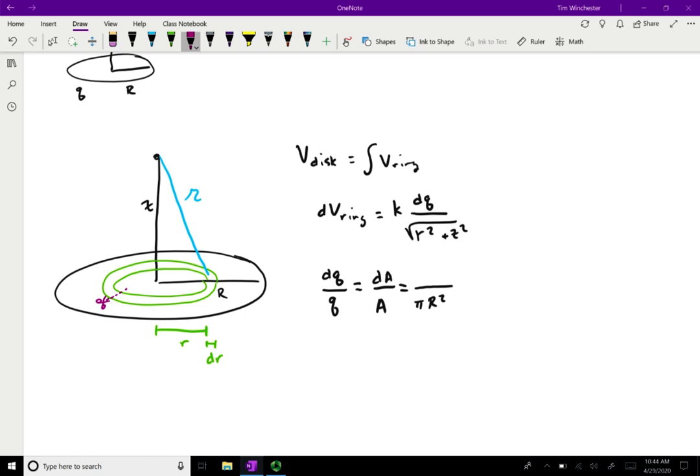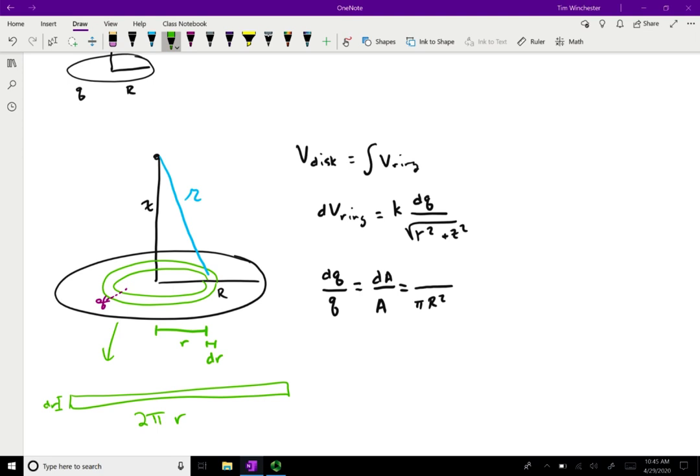So I cut the ring, and then I'm going to just stretch it out into a rectangle, a long, skinny rectangle, where the width of that is going to be 2 pi r, the circumference, and the thickness is going to be dr. You could actually find this in a more rigorous way, so you could name the inner radius and the outer radius and then take a limit as the two become equal in size, but I think that is way more work than you need to put into it.